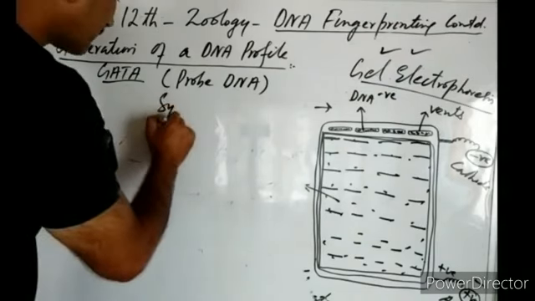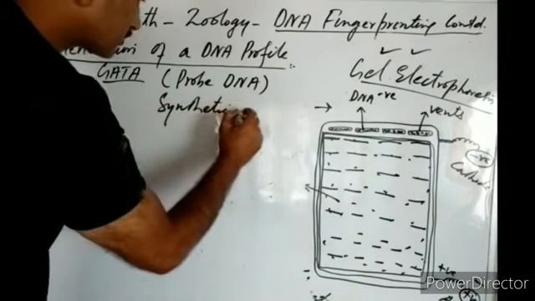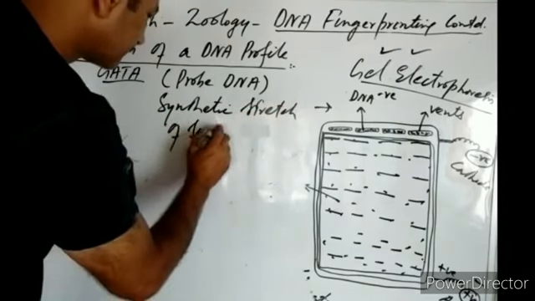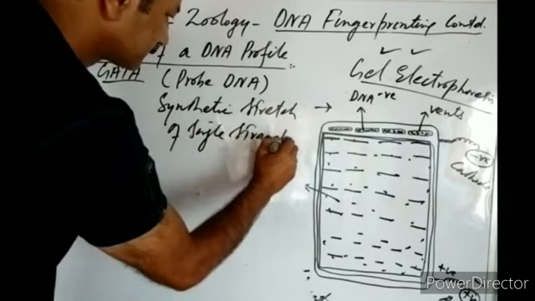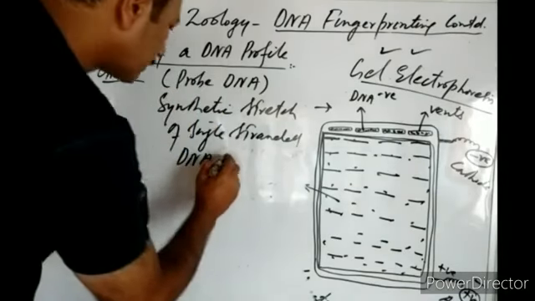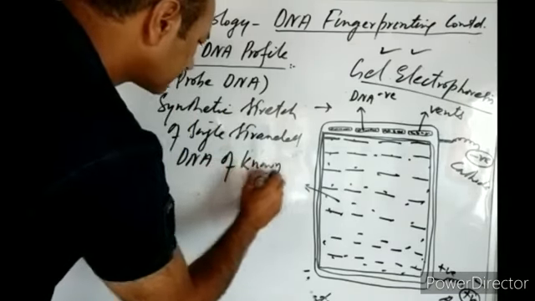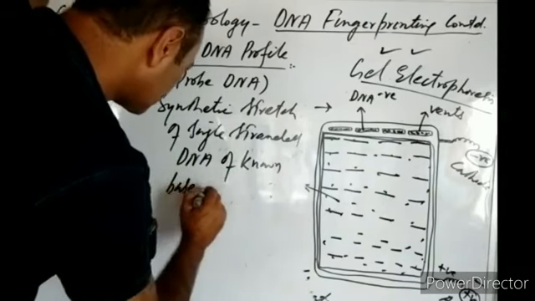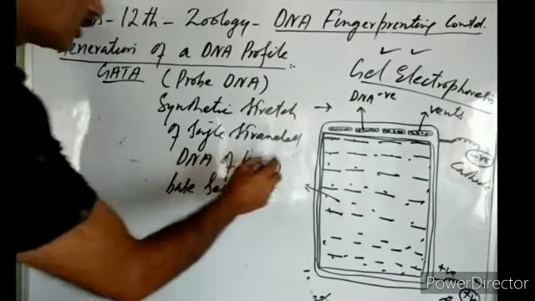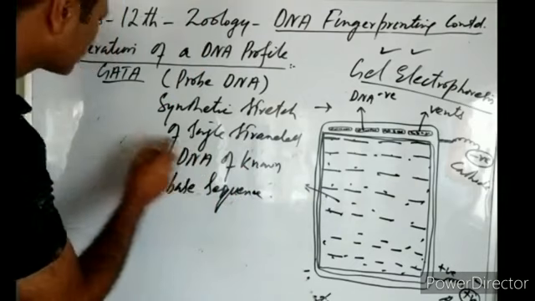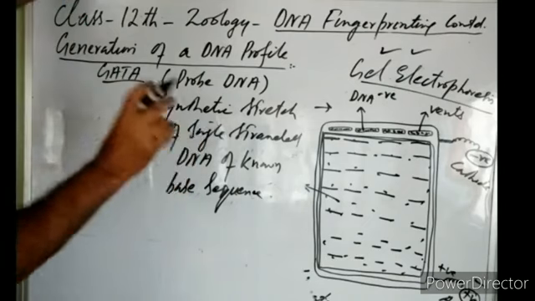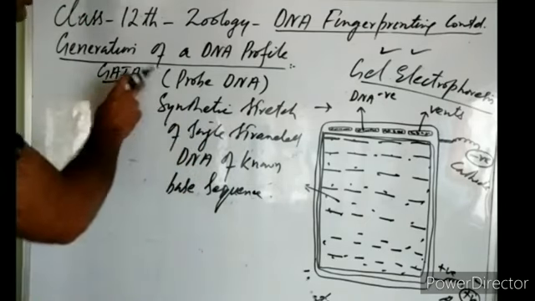It is a synthetic stretch of single-stranded DNA of known base sequence, or we can say of complementary base sequence to GATA, right? If they are looking for GATA, they have to make a synthetic DNA which is complementary to this GATA sequence.